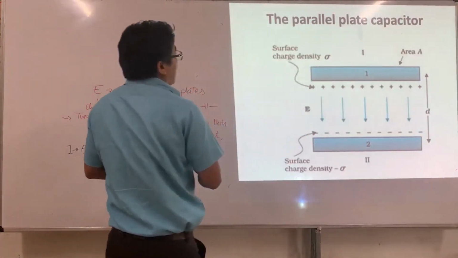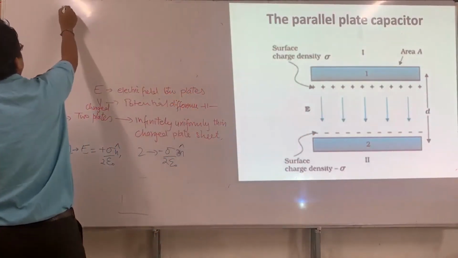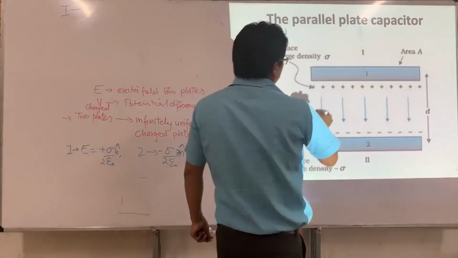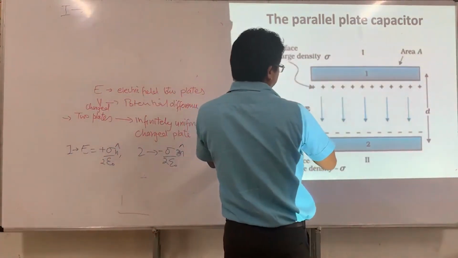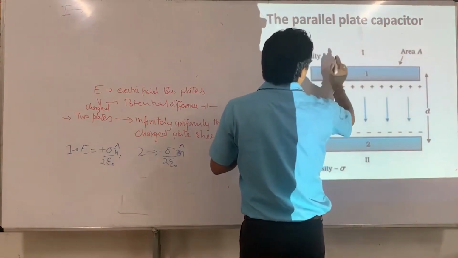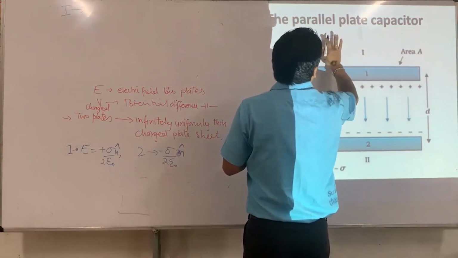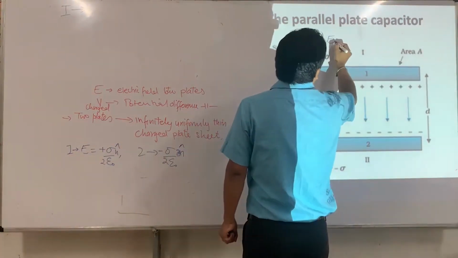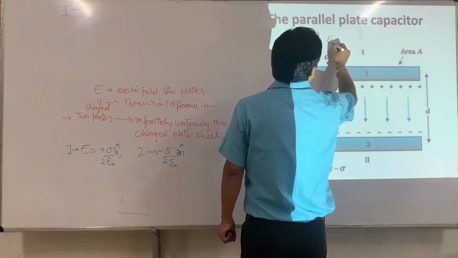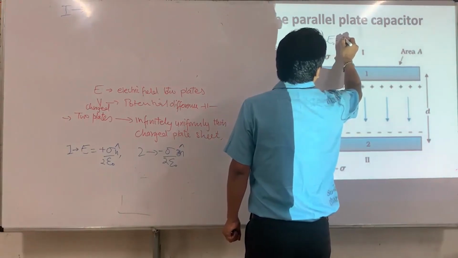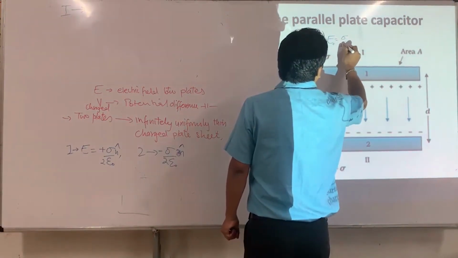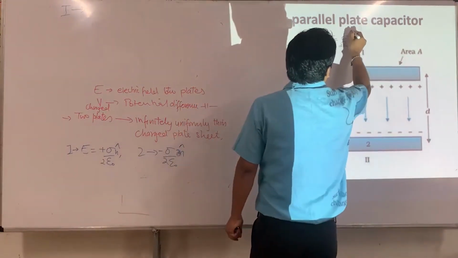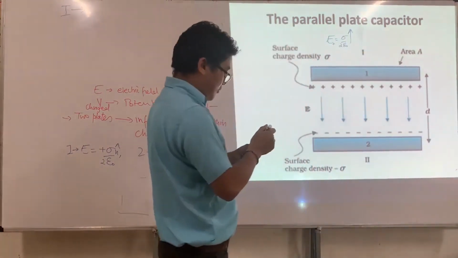What is the electric field inside region number 1? The electric field due to plate number 1, the positive charge, is going to be sigma by 2 epsilon naught. Why? Because for positive charge the field is outward.